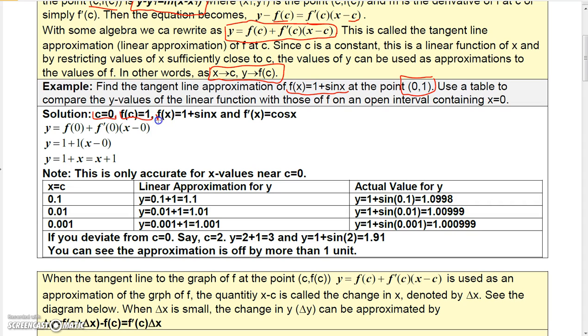And then f of x is 1 plus sine x, and f prime of x is cosine x. So if we go back to this formula up here, f of c would be 1, and then f prime of c, if you plug 0 in here, you're going to get 1 for the slope. And then since the x value is 0, you're going to get x minus 0.